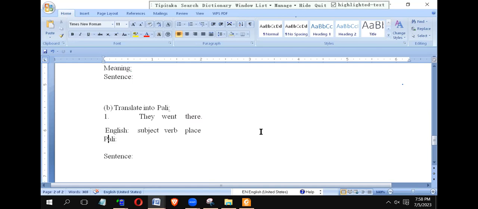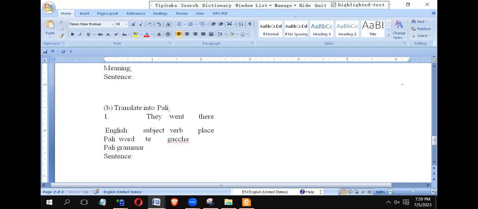So you put the Pāḷi, maybe here we call it Pāḷi grammar. Find the word first, and then the Pāḷi grammar. There is a subject, a verb, and a place. So you put the words you know there. For example, coming from gacchati, you can put gacchati here, and then just put gaccha here.